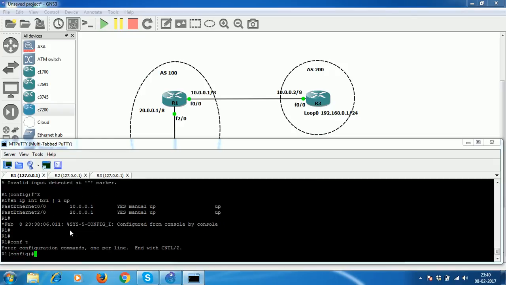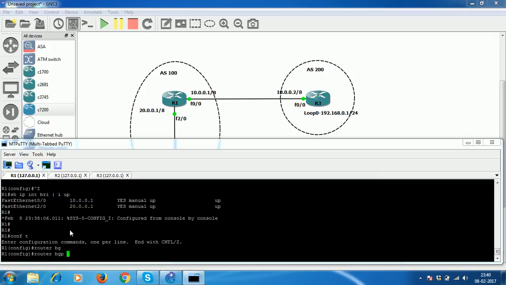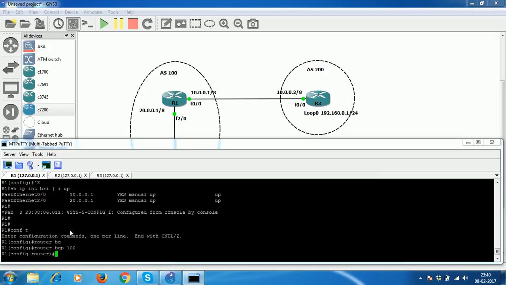So let's start configuring BGP. What is the command to enable BGP? Router bgp, and the autonomous system where router 1 is sitting is 100. Now we need to tell that R1 has two BGP peers, one with R3 and one with R2.